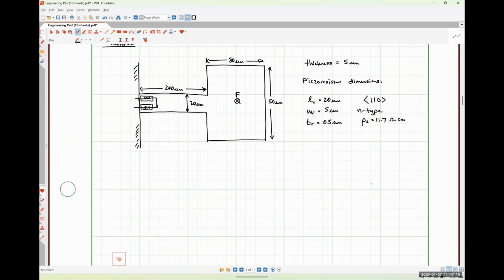And I want us to figure out from this what is the fractional change in resistance caused by F equal to 25 micronewton force acting on the center of the proof mass.